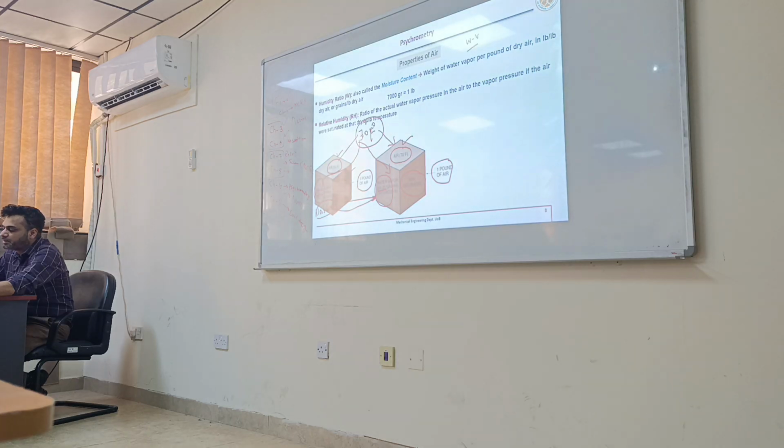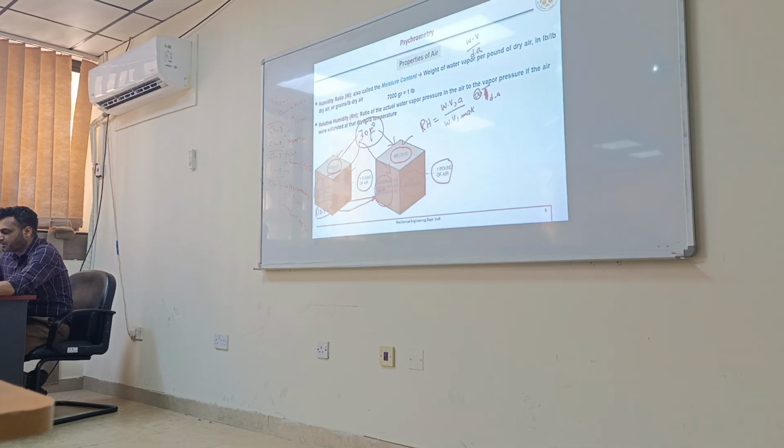Water vapor divided by dry air. And now what is relative humidity? Water vapor actual divided by water vapor maximum at a given dry air temperature or atmospheric air temperature. That is relative humidity. Water vapor actual divided by water vapor maximum at that temperature.